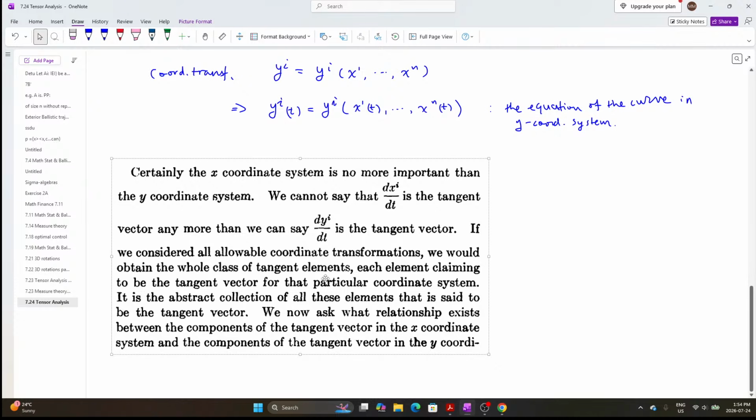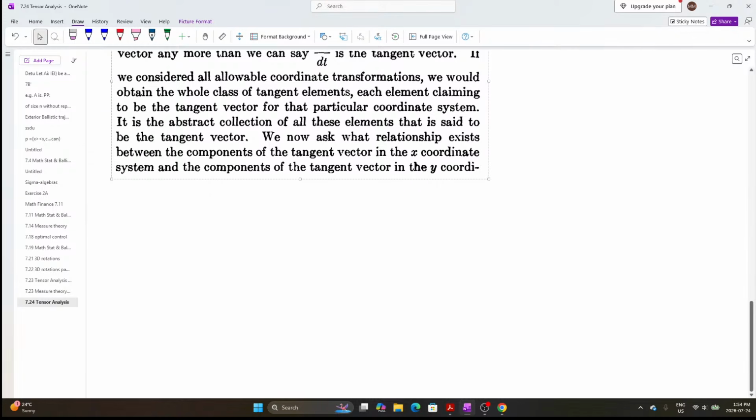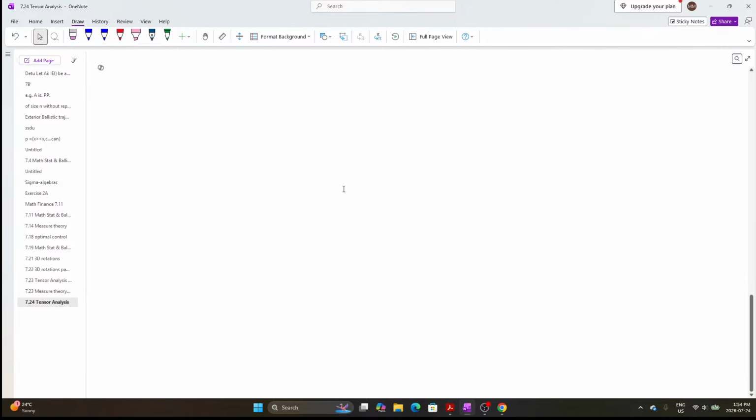So we wish to figure out a relationship between these two representations, dxi over dt and dyi over dt. We now ask what relationship exists between the components of the tangent vector in the x-coordinate system and the components of the tangent vector in the y-coordinate system. Okay, it goes on to the next page, which I'm not writing. And the answer is quite simple.